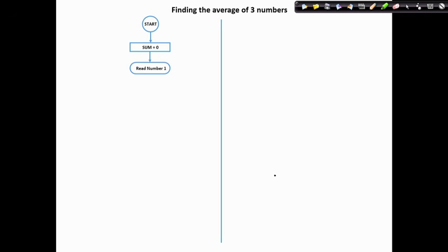If I ask a human being to do that, the human being will have to know the number. So, if I show that number on a piece of paper writing 5, he will read that number 5 and will say okay, 5 is the first number. Then I show the second number 7, okay, 7 is the second number. That is the significance, that is the meaning of this read.